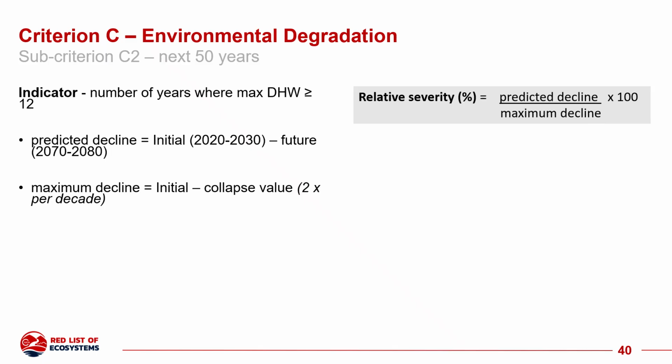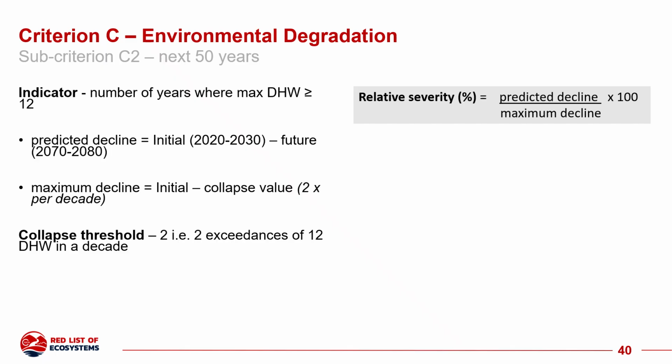The relative severity of decline of the abiotic environment in the next 50 years is calculated using this formula. To complete this calculation, it is necessary to define a collapse threshold, the point where the reef ecosystem can no longer maintain its identity or recover. For example, in the Western Indian Ocean, 2 major bleaching events per decade, i.e. exceeding the DHW threshold twice every 10 years, was used as the collapse threshold.